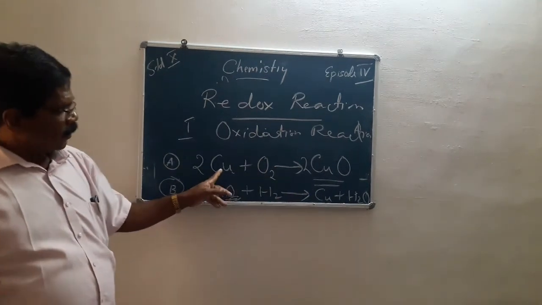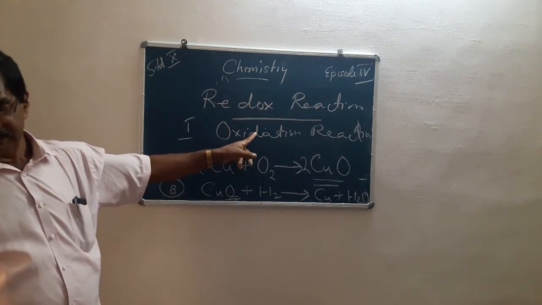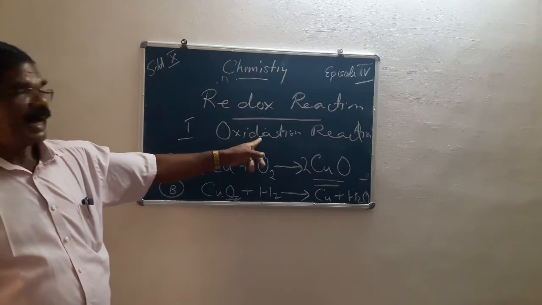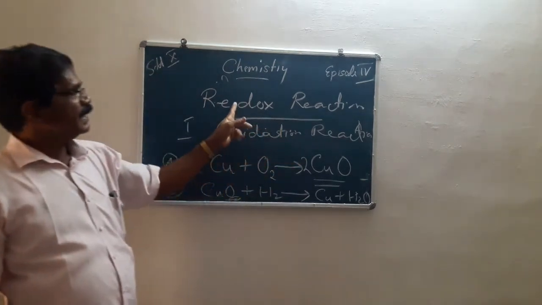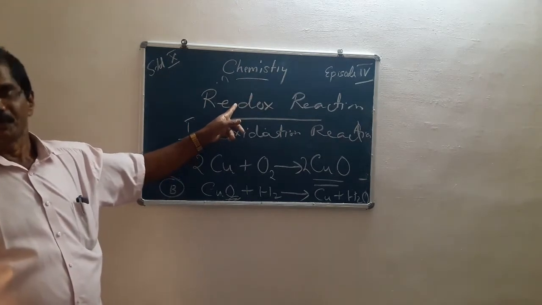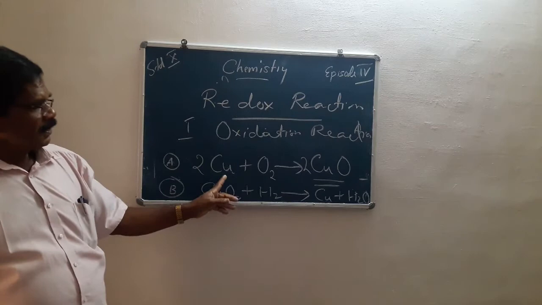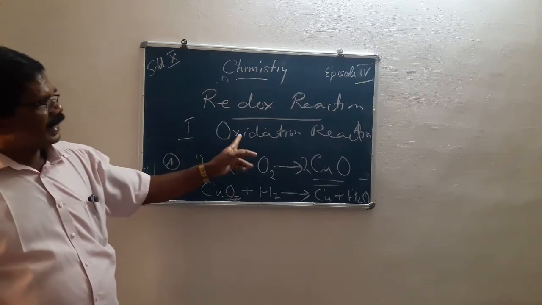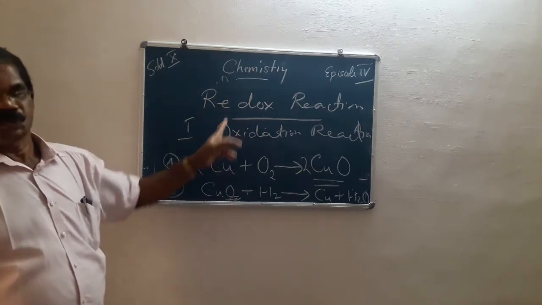So oxidation is the addition of oxygen. Reduction means removal of oxygen. Oxidation is gain of oxygen and reduction is loss of oxygen.